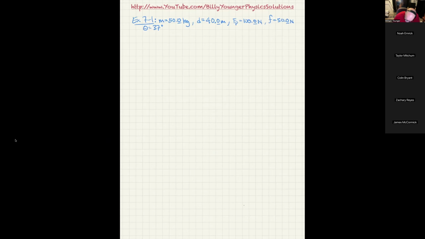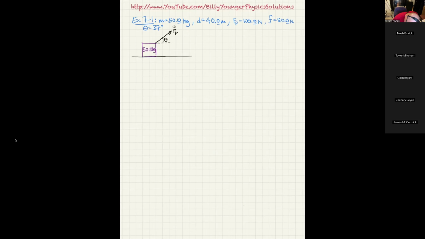Okay. Now, let me draw what we're actually looking at here. So, what we have is a box whose mass is 50.0 kilograms. What we have acting on it is a force FP at an angle theta, and it's moving across a horizontal rough surface.